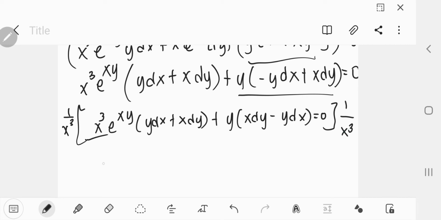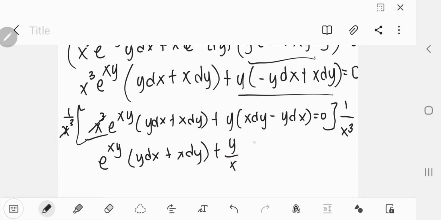So we have cancellation, so we have e raised to the xy times (y dx plus x dy), and now we have plus y over x times (x dy minus y dx) all over x squared is equal to 0.